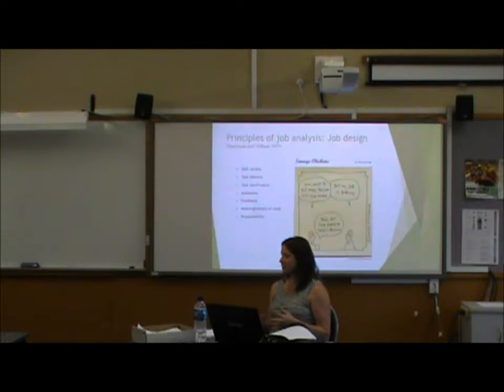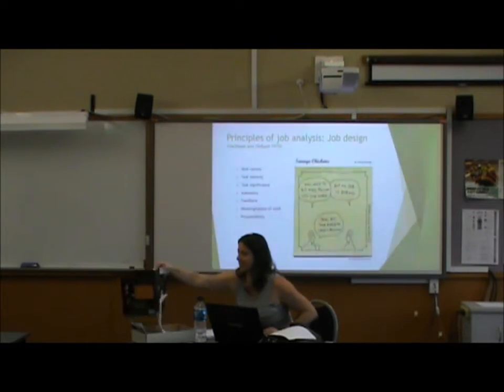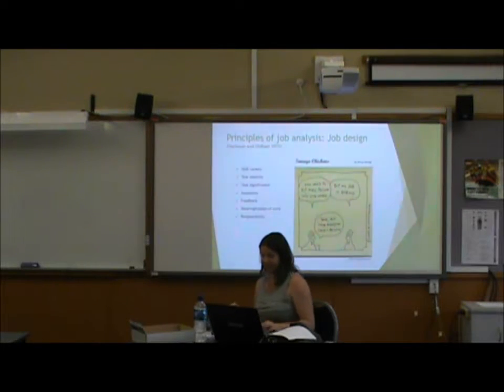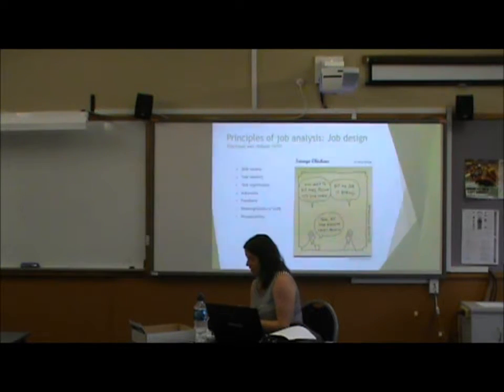Task identity. Now I always get task identity and task significance confused. I get them mixed up a lot too. So let's make sure I get them right. Task identity is an identifiable piece of work that has to be completed.